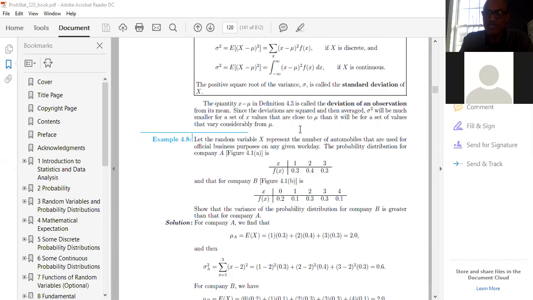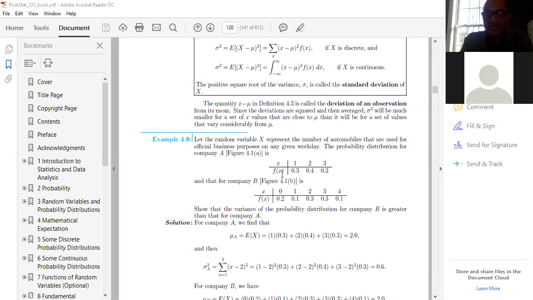The probability distribution for company A is this one and for company B is this one. Company A: x is 1, 2, 3 with probabilities 0.3, 0.4, 0.3. Company B: x runs from 0 to 4 with probabilities 0.2, 0.1, 0.3, 0.3, and 0.1. The variance of the probability distribution of company B is greater than the variance of company A. That means we need to find the variance. This is a discrete case because a table is given.